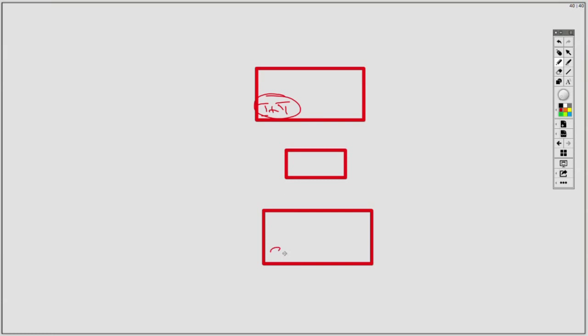This is your core router, and this is just a switch. And in here the switch also has connected, let's say, the web server and the FTP server.